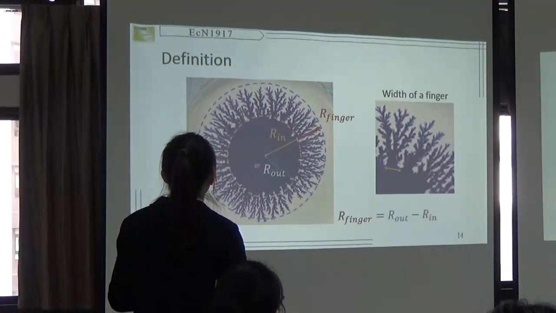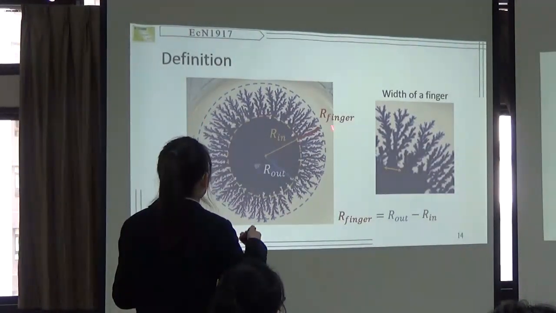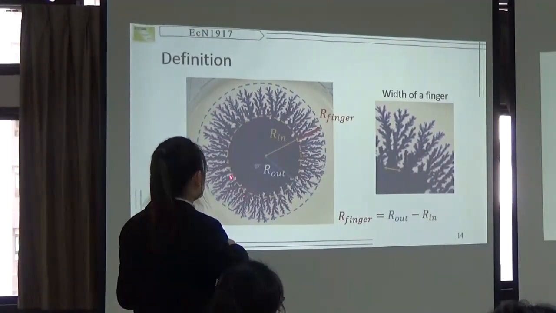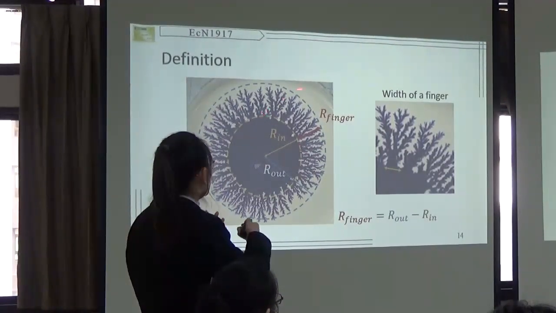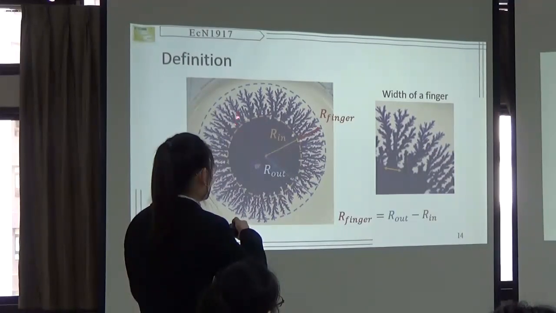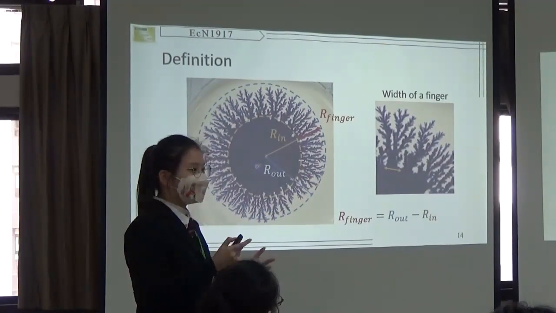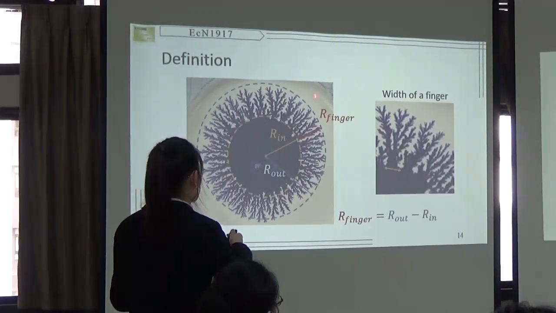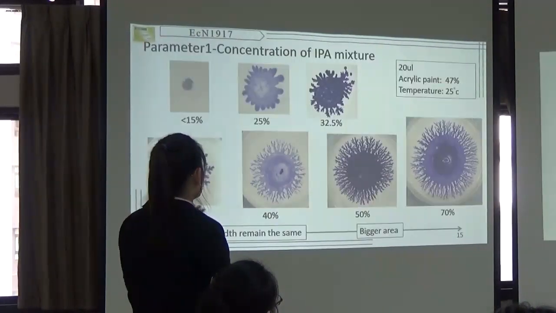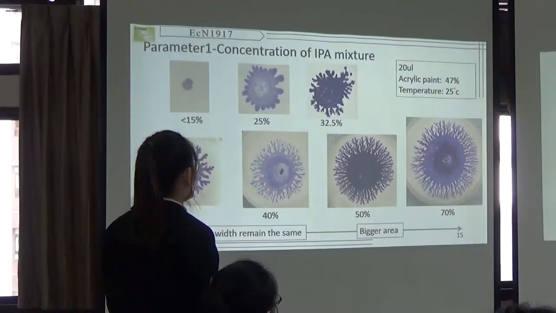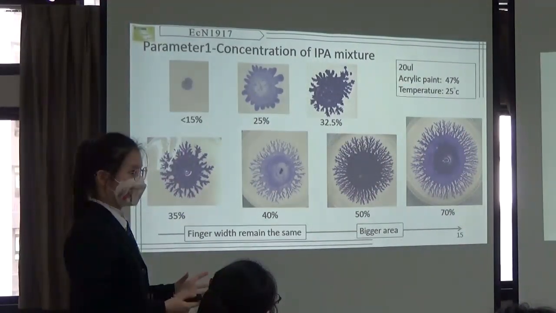For the definitions, this is the outer circle radius, and this is the inner circle radius. The outer circle radius minus the inner circle radius will be the length of a finger, and here is the width of a finger. For parameter 1, we change the concentration of the isopropyl alcohol mixture.